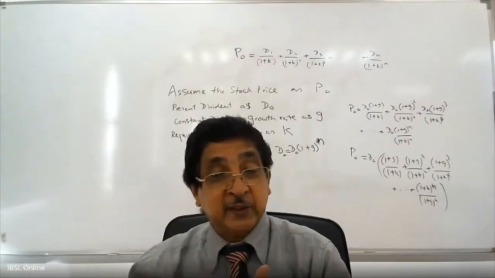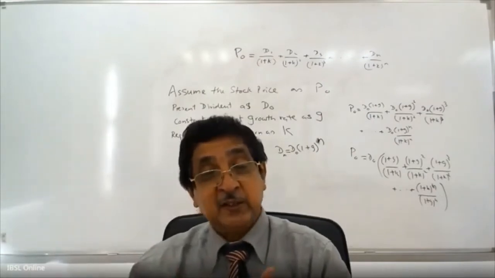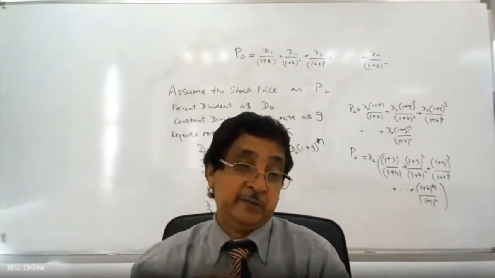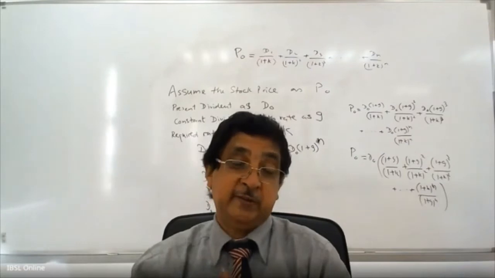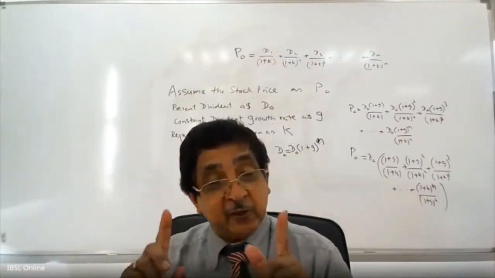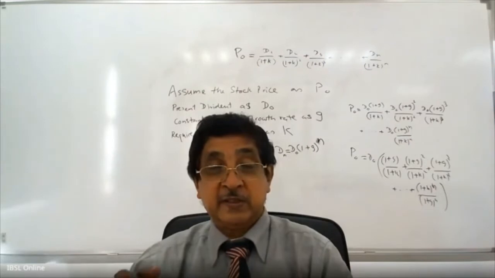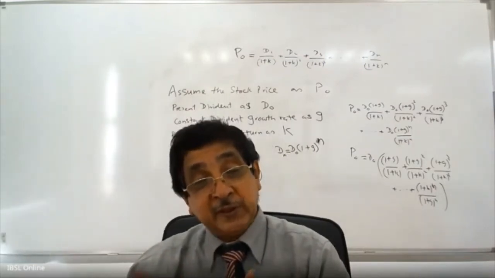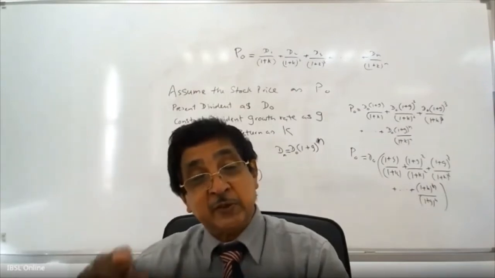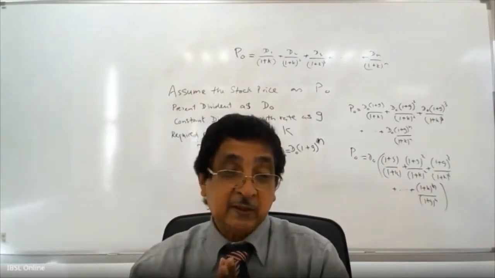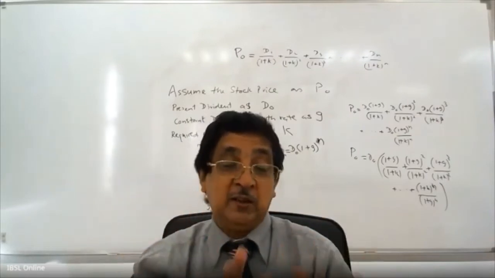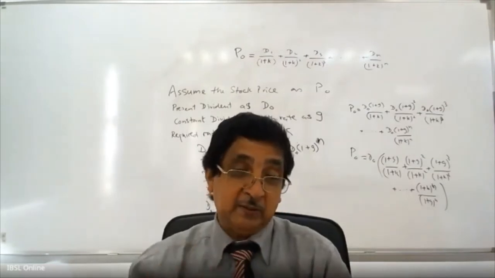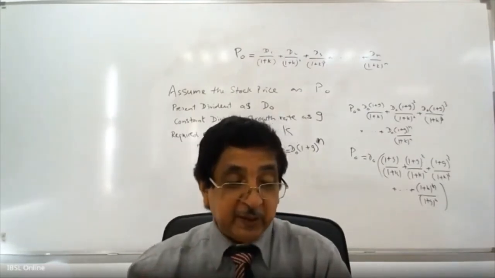So with that condition, now we have realized 1 plus G divided by 1 plus K is less than 1. If it is less than 1, the summation of an infinite number of terms in that geometric series will have a formula to give that summation. That formula is equal to A divided by 1 minus R.